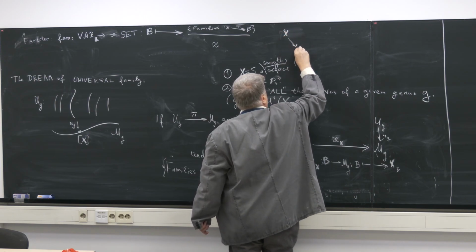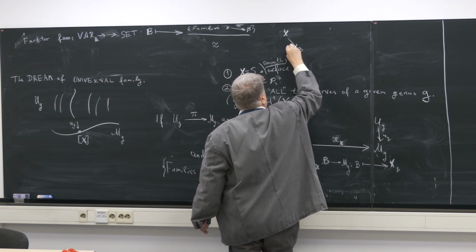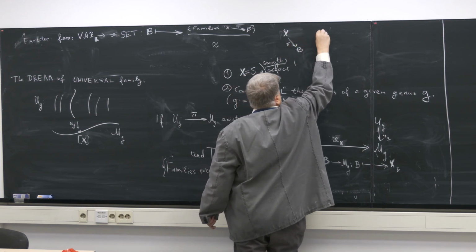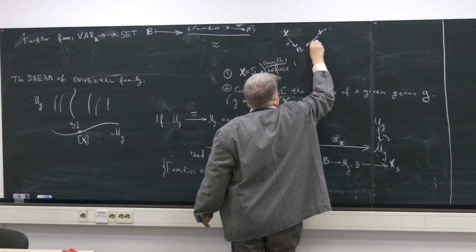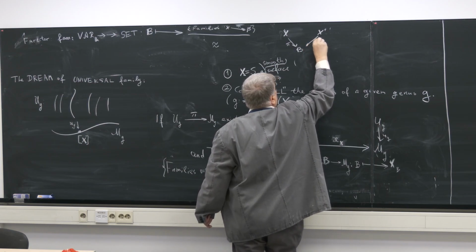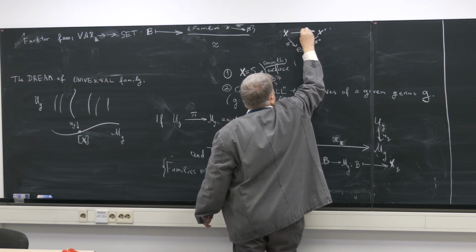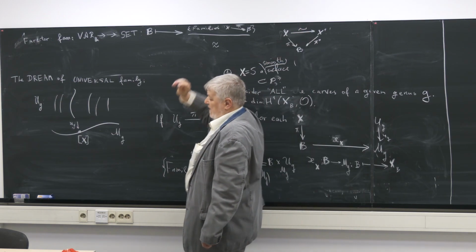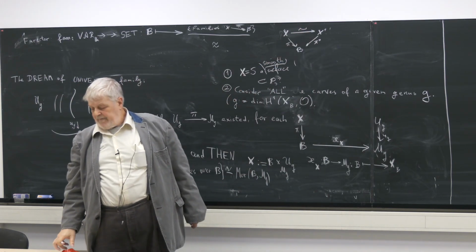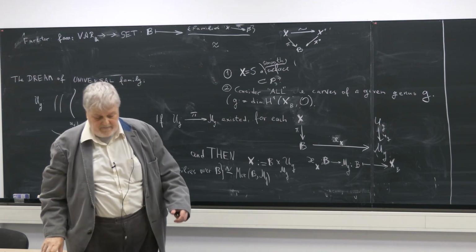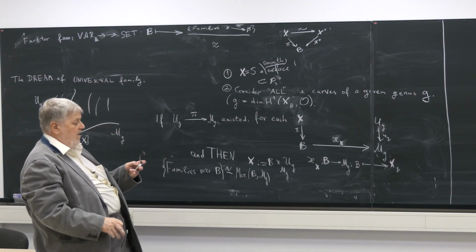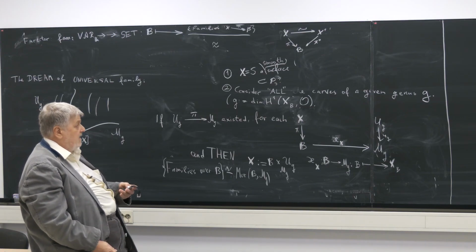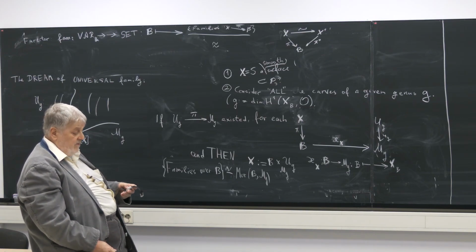If we have one family and another one, then the families are isomorphic over a base if there exists such an isomorphism with this diagram being commutative.